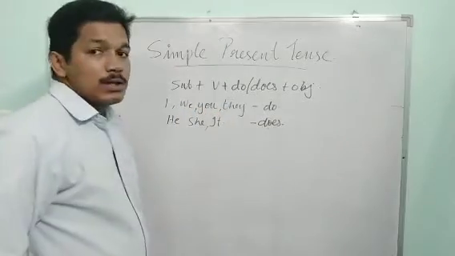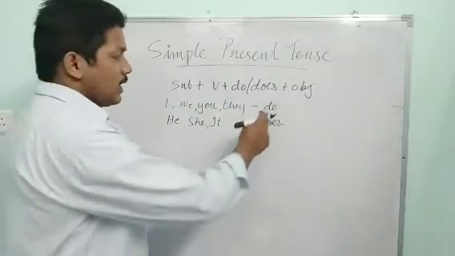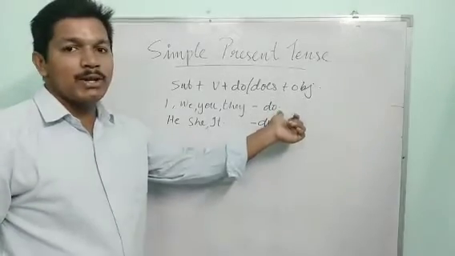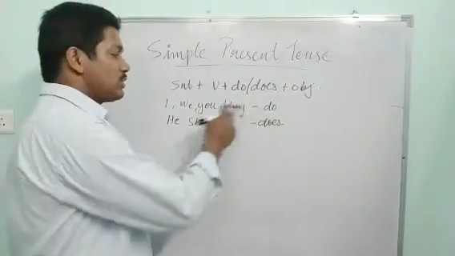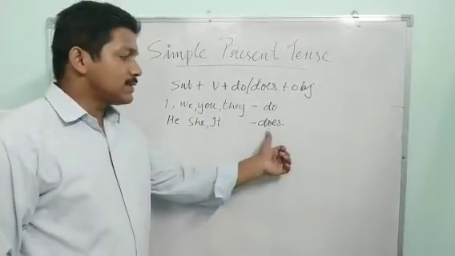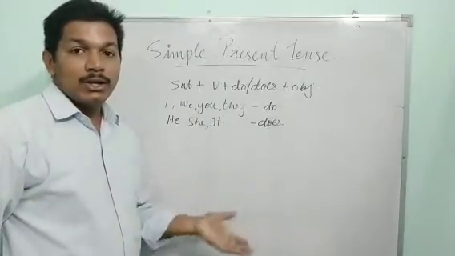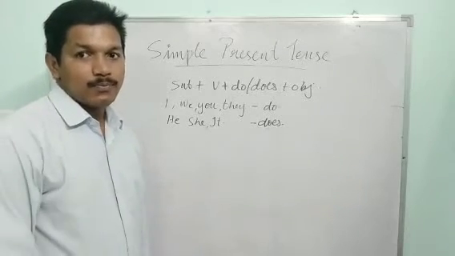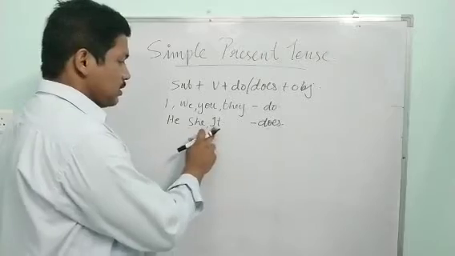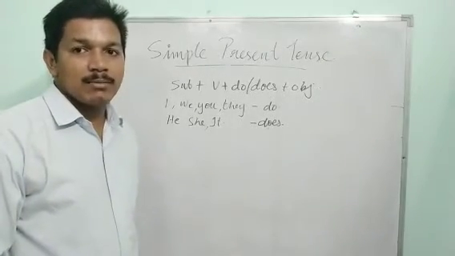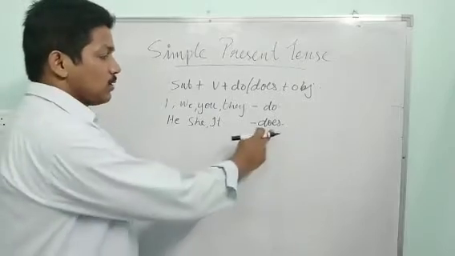Yesterday I also told you what happens to the verb. When do is added, there is no change in the verb. When does is added with the verb, then s or es is added at the end of the verb. When he, she, it, or any singular name is the subject, we use does.